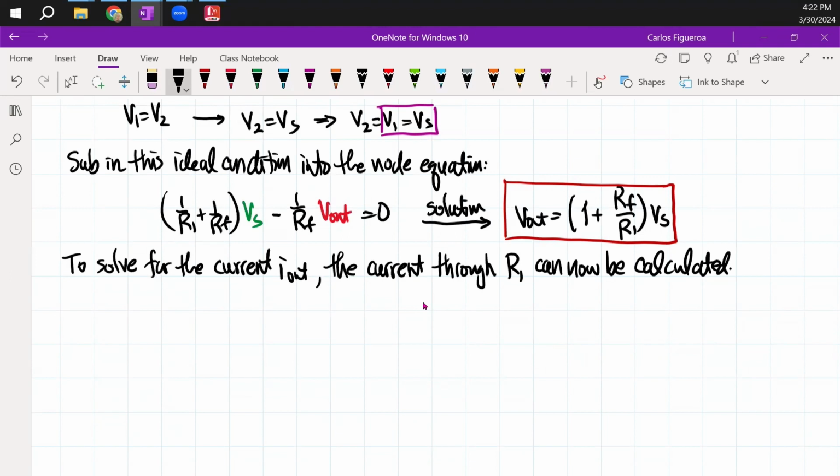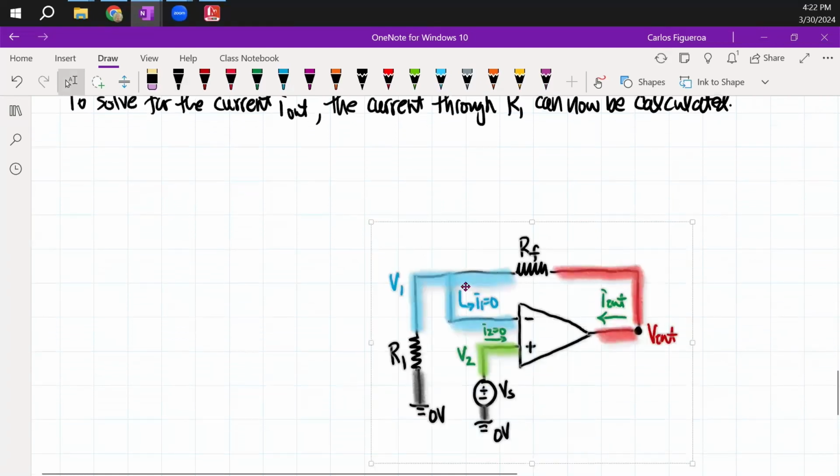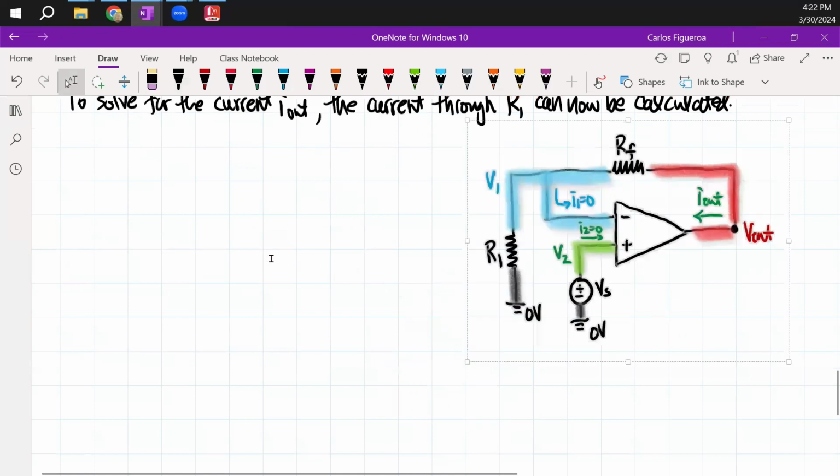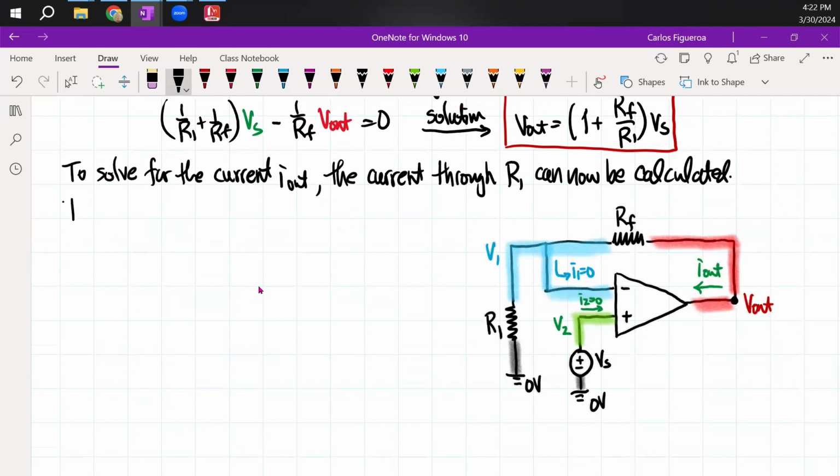So what do I mean by that? If you look at the circuit, let's put this circuit over here to the side. I know what V1 is. So if I focus on V1, here's what I find. The current IR1, well, you can see that one of these nodes is V1, which we just calculated.